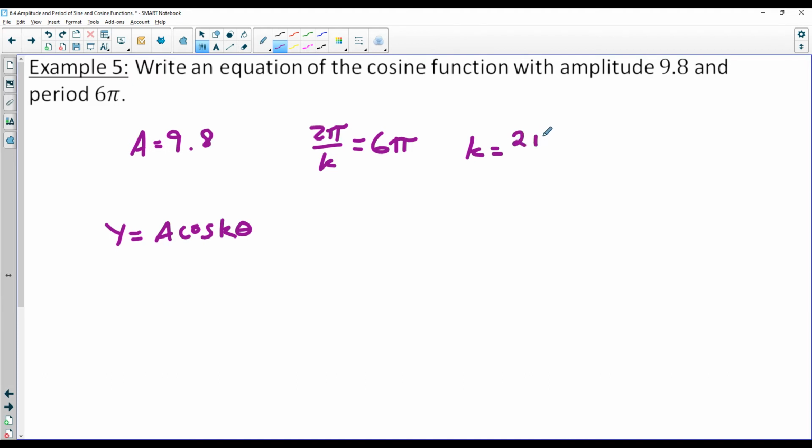So then k will be 2 pi divided by 6 pi. Pi's are going to cancel. 2 over 6 is the same thing as 1/3. So really what we have here is y equals a is 9.8, and then cosine, and then we can write this as theta divided by 3, or you could write 1/3 theta if you wanted.